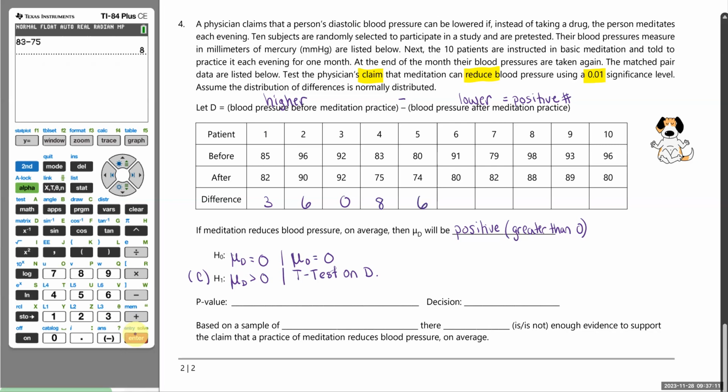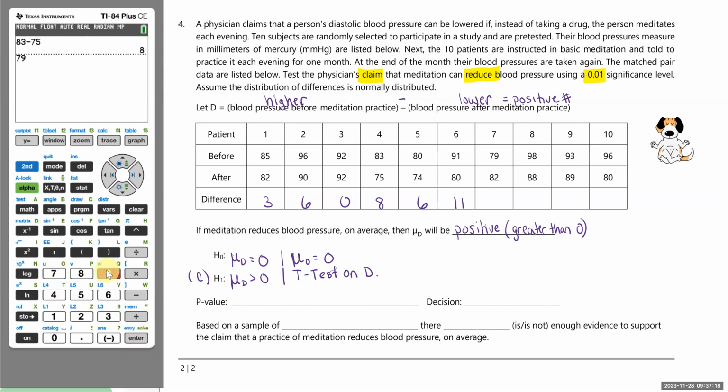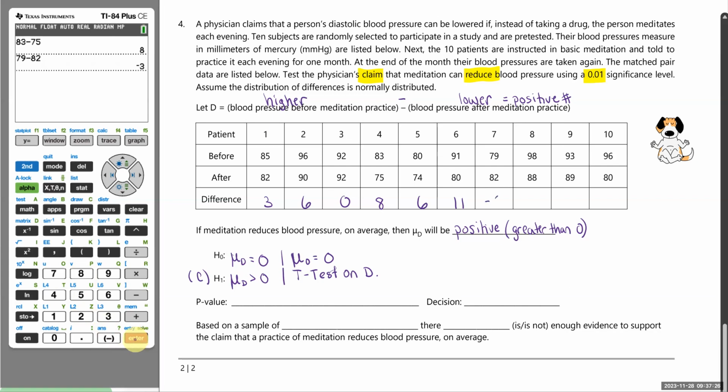And that one is 6. And that one, 11. And now the next person, they had a blood pressure of 79 before meditating, but after their value was higher. So that's why now you're getting the negative difference. All right, everybody else seemed to have blood pressure here that went down.